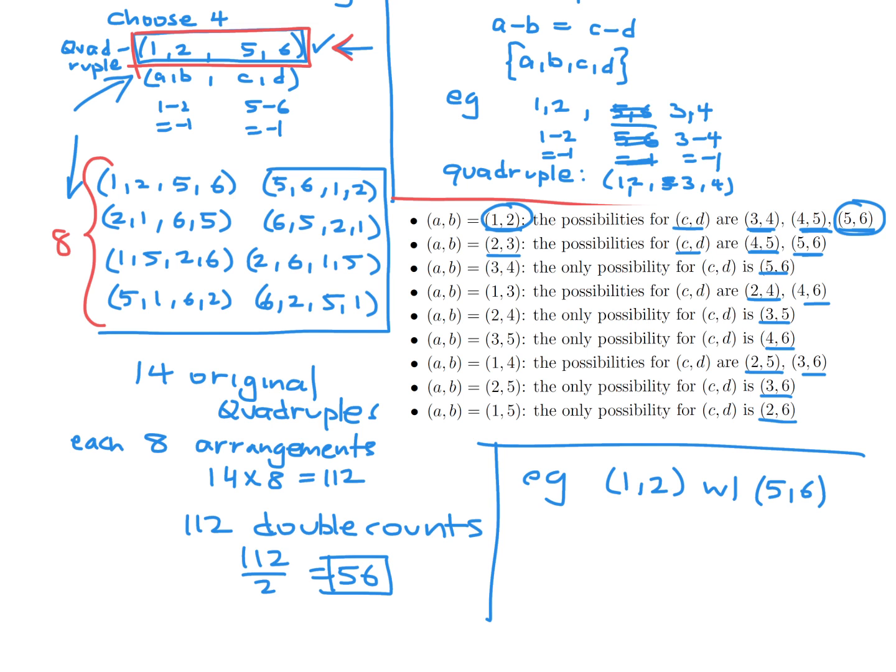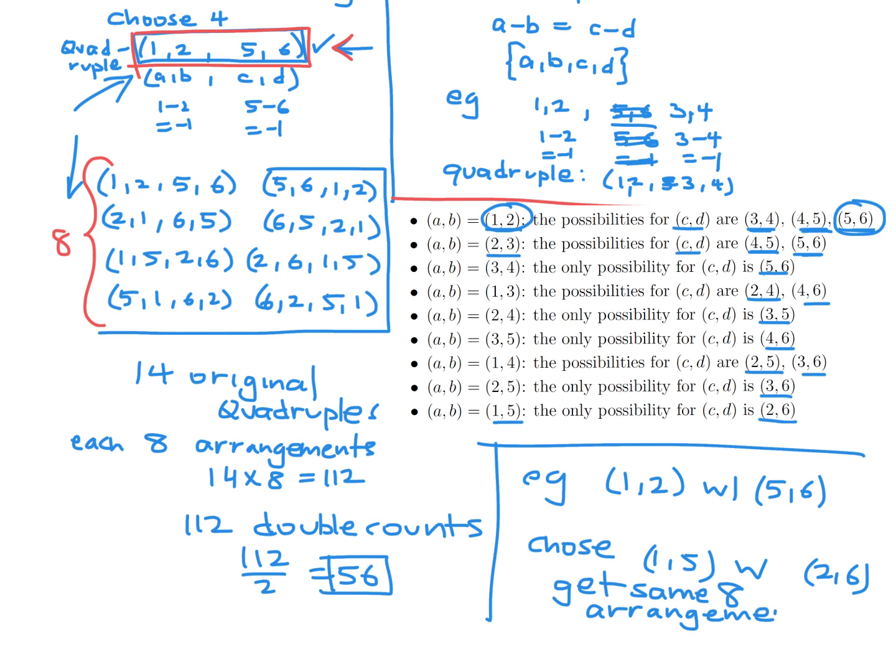But interestingly, you'll notice that if you chose 1, 5, this guy down here, with 2, 6, which is the only one that's listed, you would get the same 8 arrangements. Try it and you'll see you get 1526, and 1526 is already there, and then all the other arrangements would be the same. So you'd get double. So because you get double, you have to take that 112 and divide by 2, and when you do, you get 56.